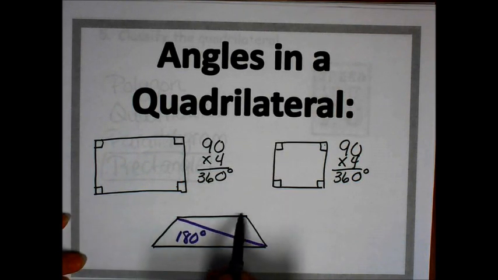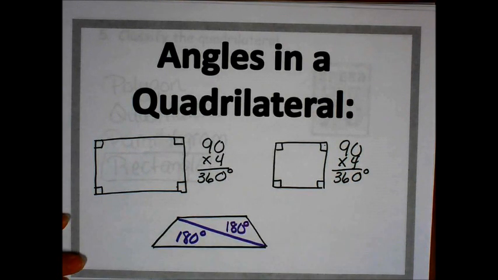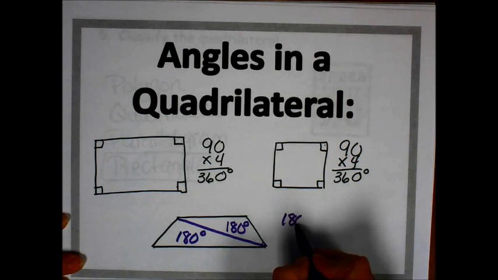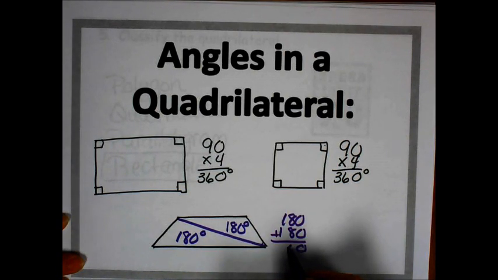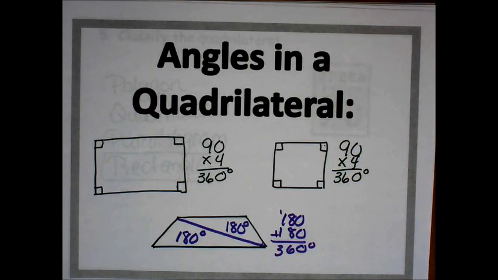I know that the top triangle here has a total of 180 degrees. So if I want to know how many degrees are in the whole trapezoid, I could also add 180 plus 180, which would also give me 360 degrees.